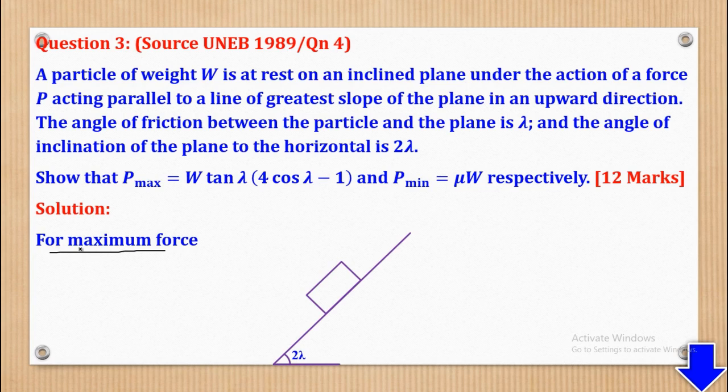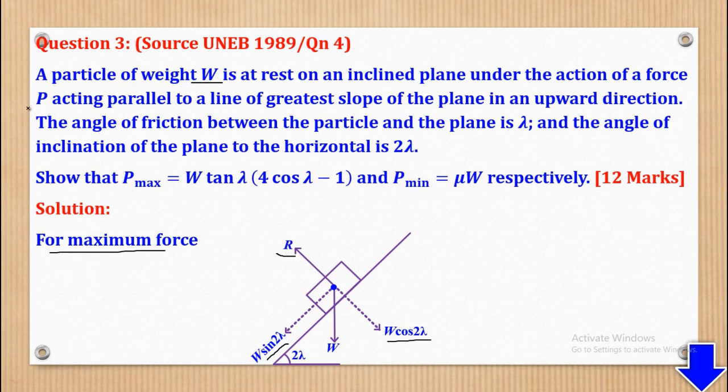Now for maximum force, the particle is at the point of moving upwards, so we first mark the weight. Weight is W, acting vertically downwards. Then the component of weight parallel to the plane will be W sine 2 lambda, and the component of weight perpendicular to the plane will be W cos 2 lambda. Then the normal reaction will be capital R.